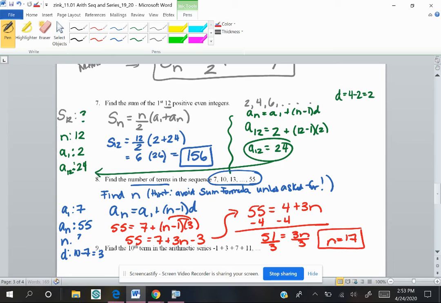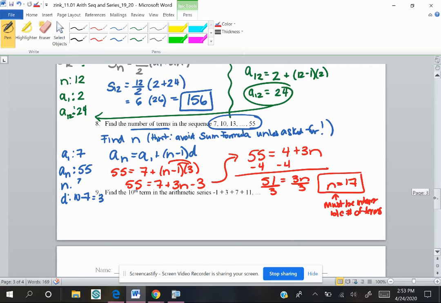And that's good because we should definitely end up with an integer because it's the number of terms. We're not going to have 17 and a half terms. We only have 17. Okay, number 9.